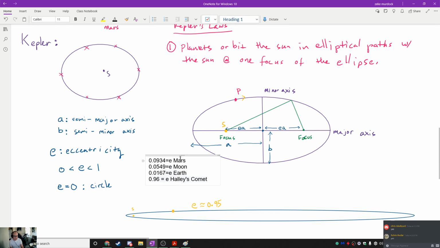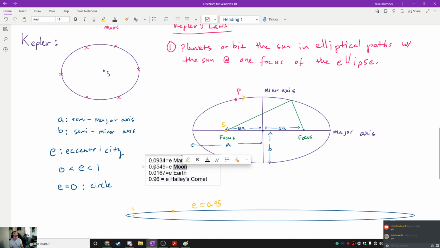And when you look at these types of numbers, I think it makes a lot of sense why ancient astronomers thought that everything was moving in circles. It's because they pretty much are, to a certain degree of accuracy, right? Now Mars is like 0.1, so it's pretty far off from being a circle, but it's still pretty close.